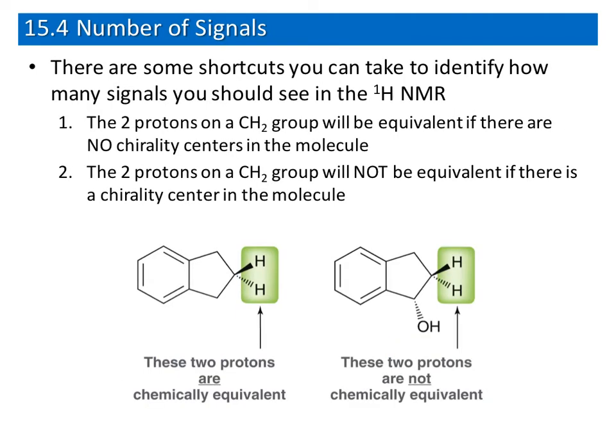Basically there are some shortcuts that can help us identify the number of signals. If there is no chirality center in the molecule, the two protons are either homotopic or enantiotopic, so we see only one signal for them. But if there is one chirality center in the molecule, the two protons are not equivalent, they are diastereotopic, and we see separate signals for them.